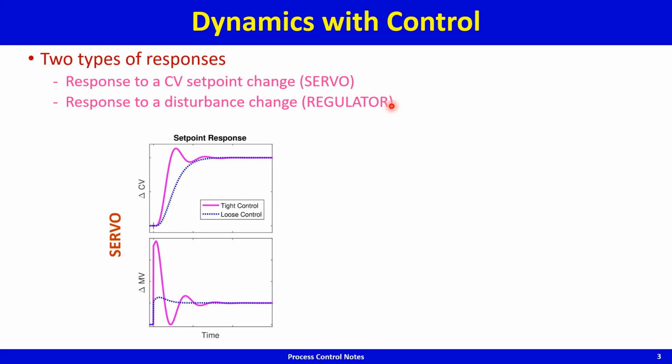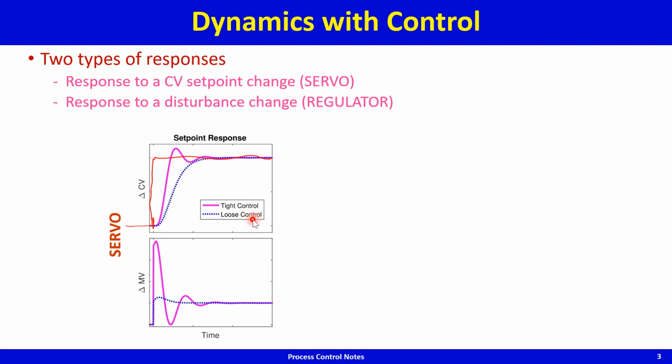Just showing some sample responses. The CV set point at time t equal to 0 is changed from somewhere to somewhere as a step, and in response to this change the control system adjusts the manipulated variable, and this manipulated variable adjustment may be tight or maybe loose.